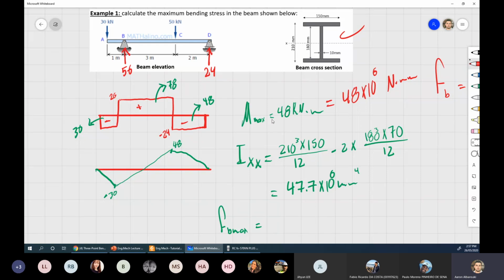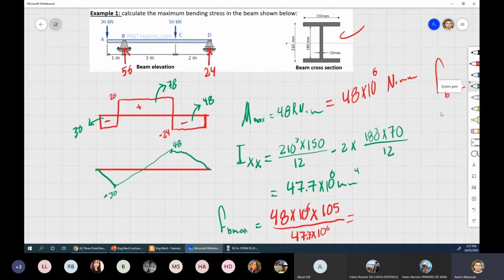So my flexural bending stress equals M, 48 times 10 to the power of 6, multiplied by Y, which is half of 210, so it would be 105. That's in millimeter, and that's Newton millimeters. All my units are uniform, divided by 47.7 times 10 to the power of 6.